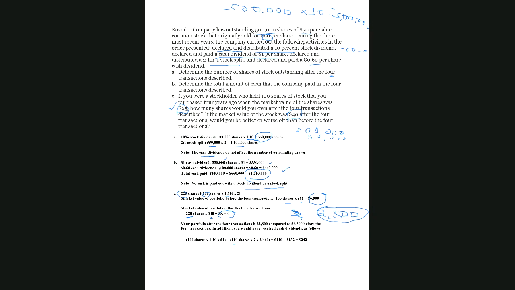From the 100 shares originally owned, on the $1 cash dividend, you received $110. On the second cash dividend, which was 60 cents per share, on the revised 110 shares that you owned, how much cash did you receive? $242.